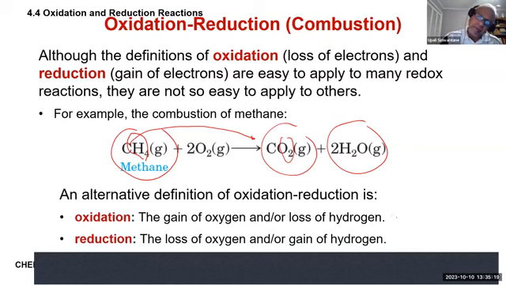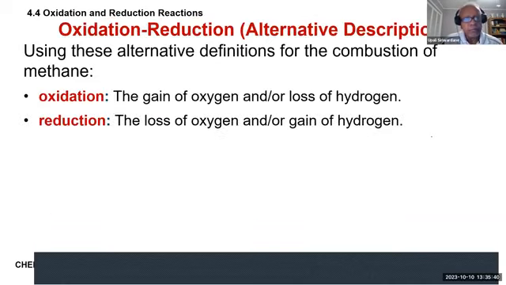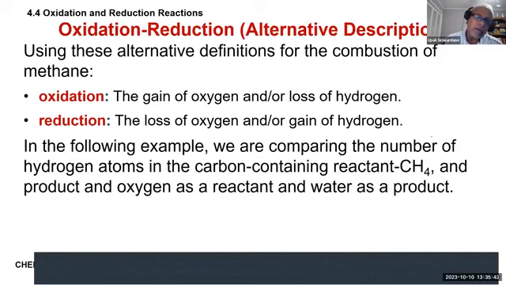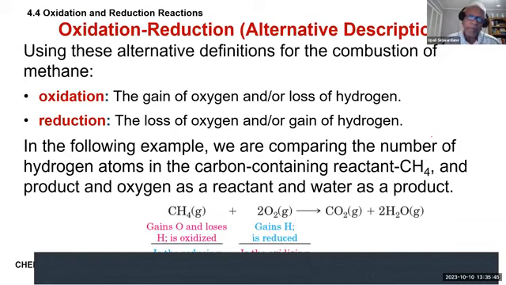This is an alternative description for combustion reactions and organic reactions between organic compounds. We use the idea that gain of oxygen and loss of hydrogen is oxidation. We talked about that here.